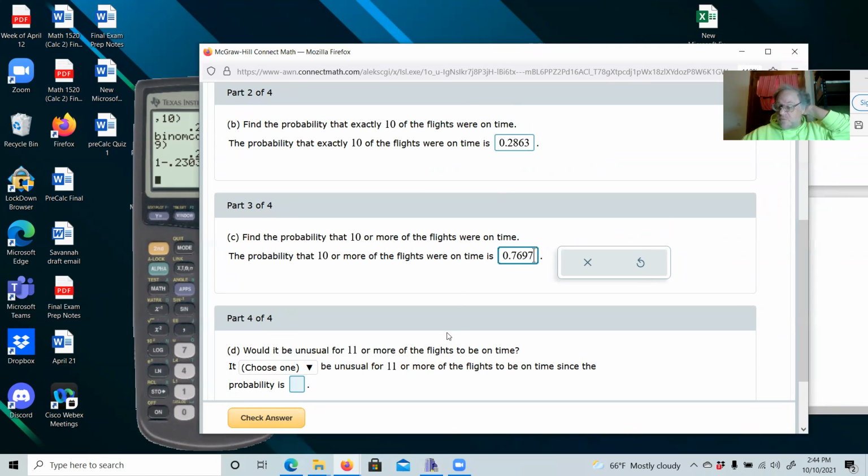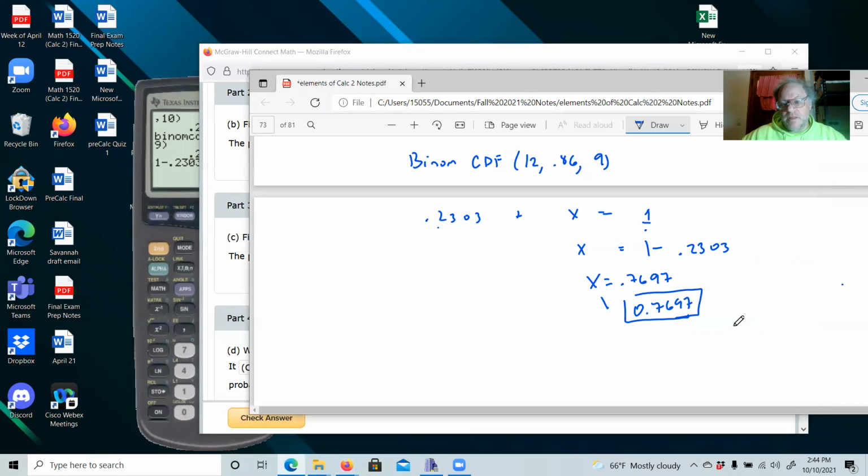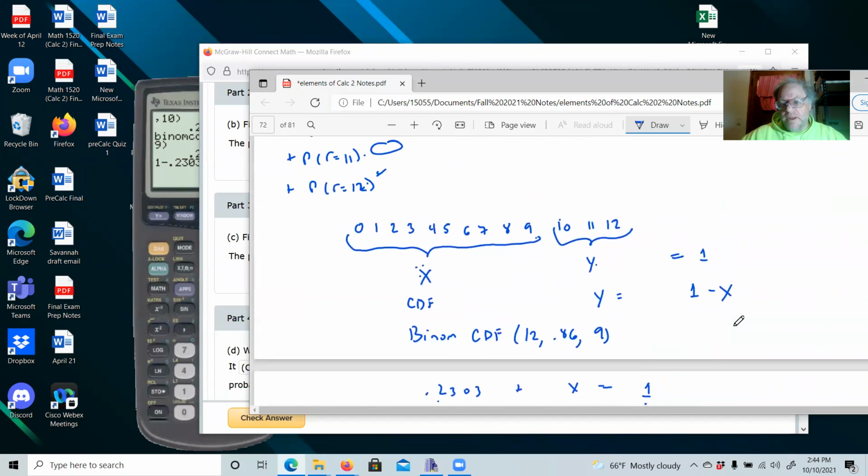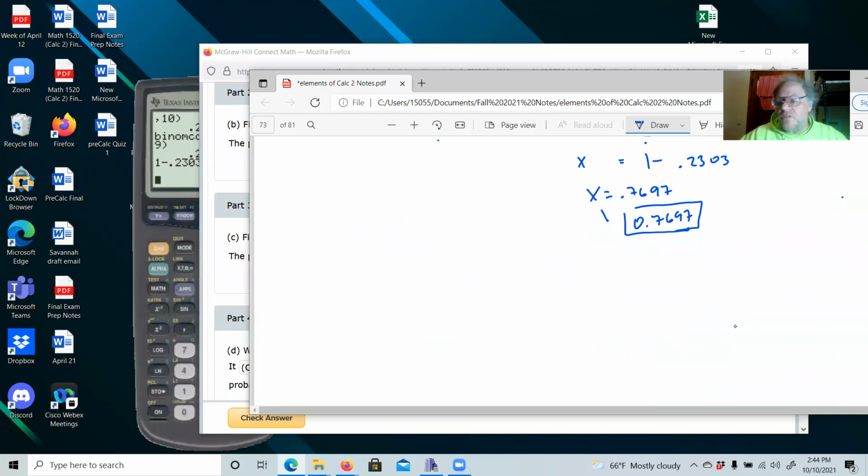Would it be unusual for 11 or more flights to be on time? Oh boy. All right. So we could do the same thing with 11, but we're going to be a little bit more clever though. 7697. Do we know the probability for 10? So this is the probability for 10, 11, and 12, isn't it?